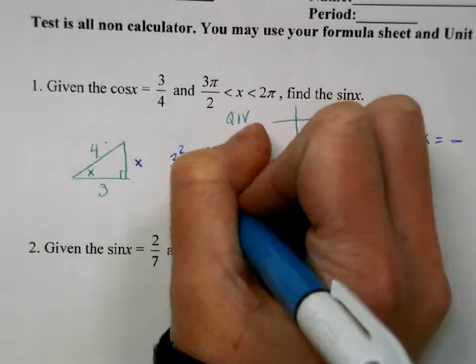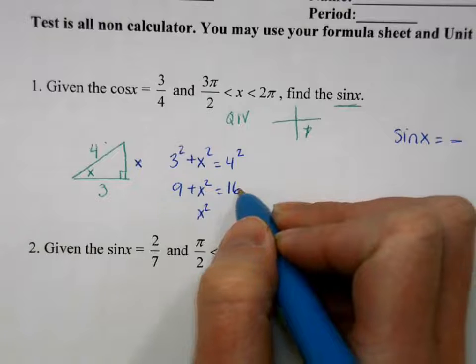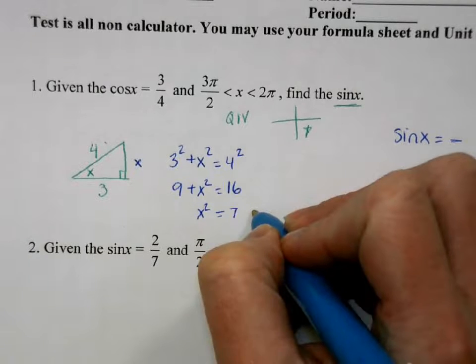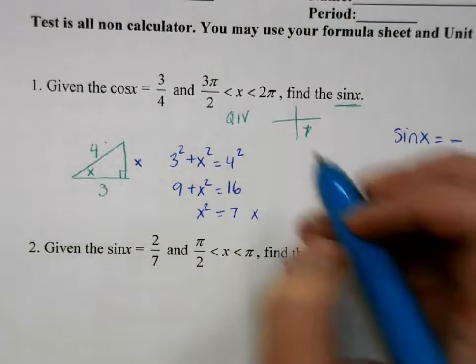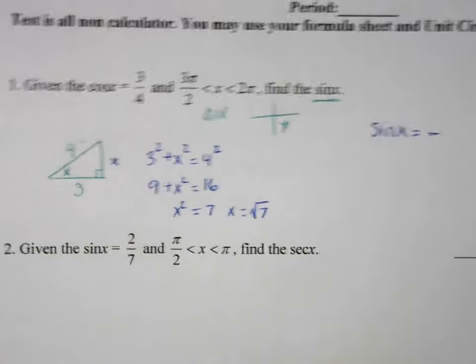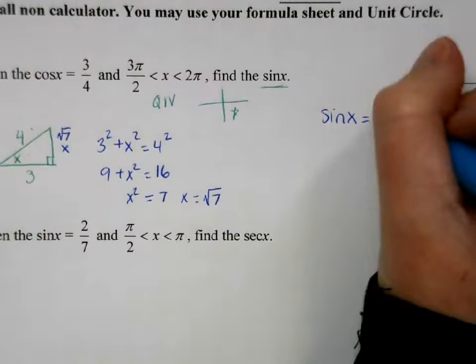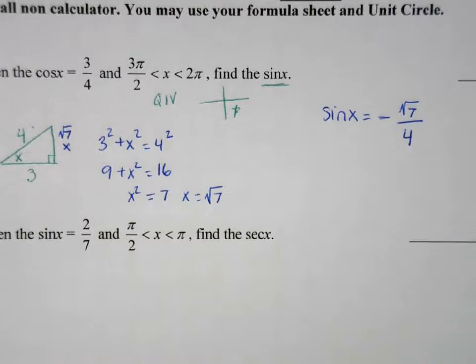So 9 plus x squared equals 16. So if we subtract 9 from 16, we get 7. So x, which really is kind of a bad variable, but whatever, is the square root of 7. So my sine is going to be the square root of 7 over 4.